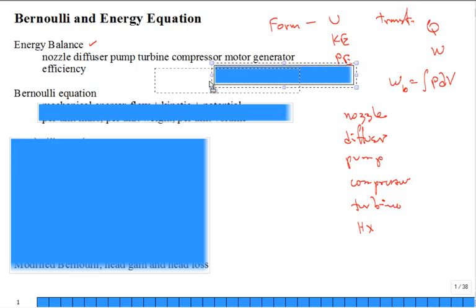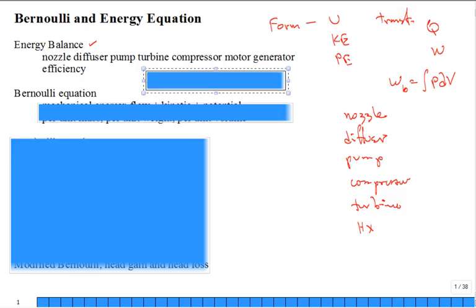We're just talking about energy balance and how you have energy transfer in devices like the nozzle, diffuser, pump, turbine, compressor, motor. What is that? That's a device where you're supplying electric power to get shaft power. And then a generator, just the opposite, you supply shaft power to get electric power.